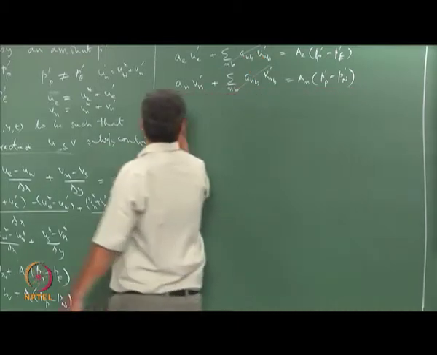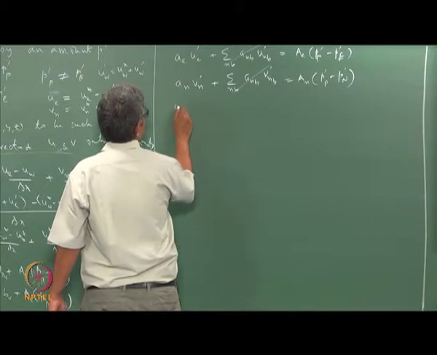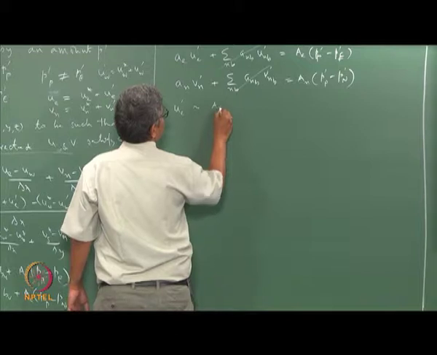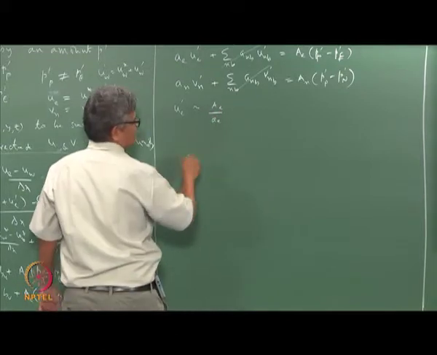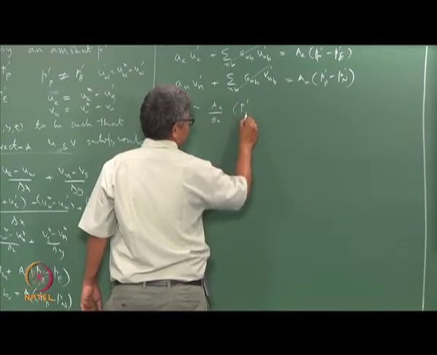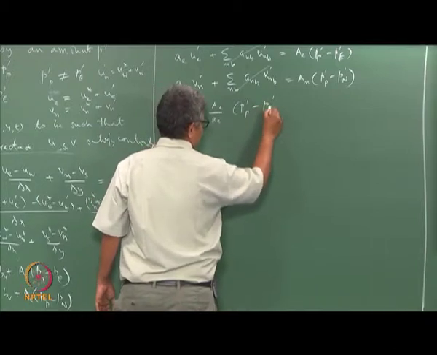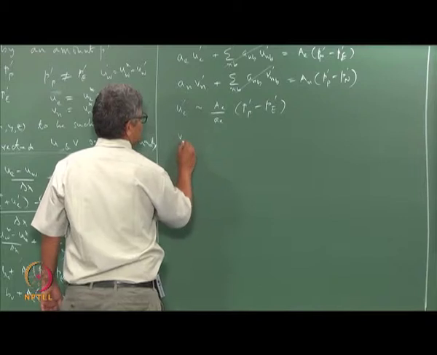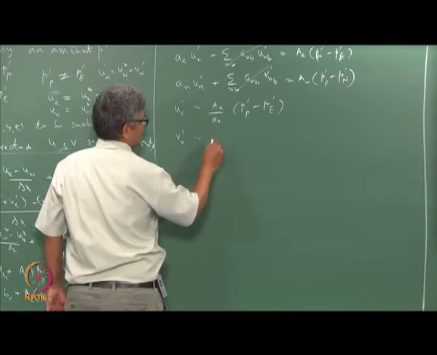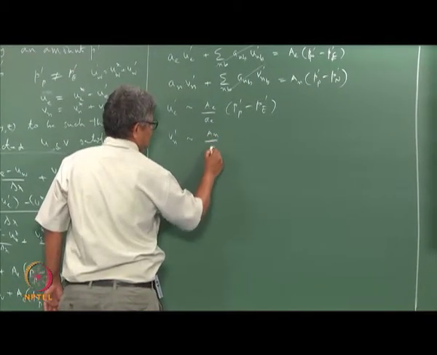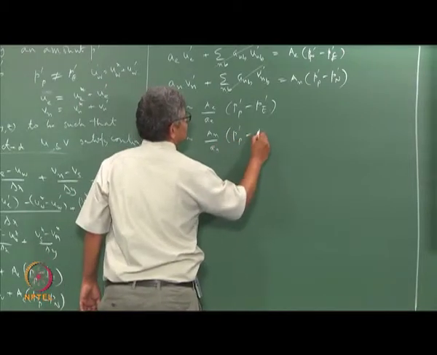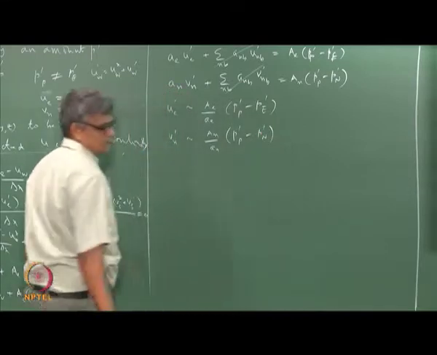Therefore, let us write that UE prime is roughly equal to AE by small a times P prime P minus P prime E. And similarly, from this we can get Vn prime is roughly equal to An by small a n times P prime P minus P prime n.